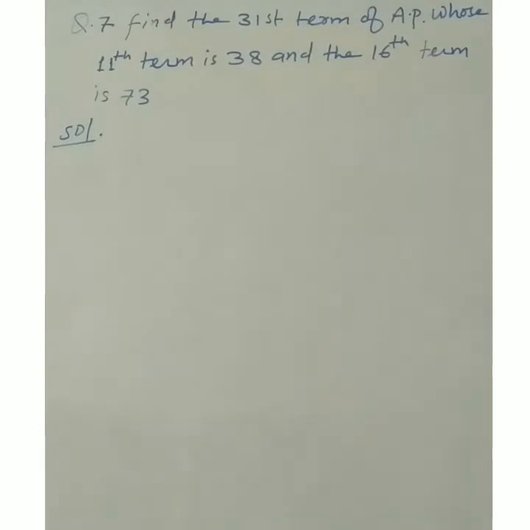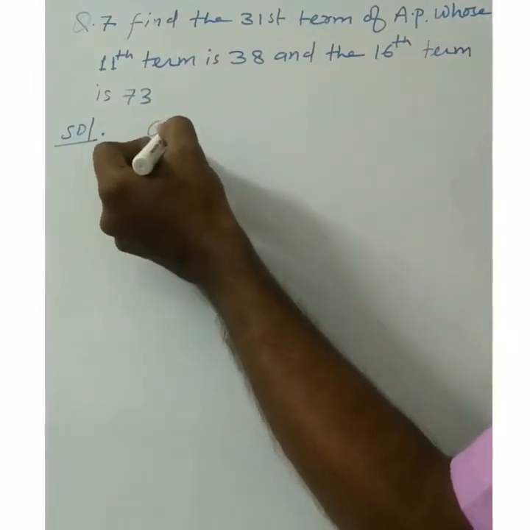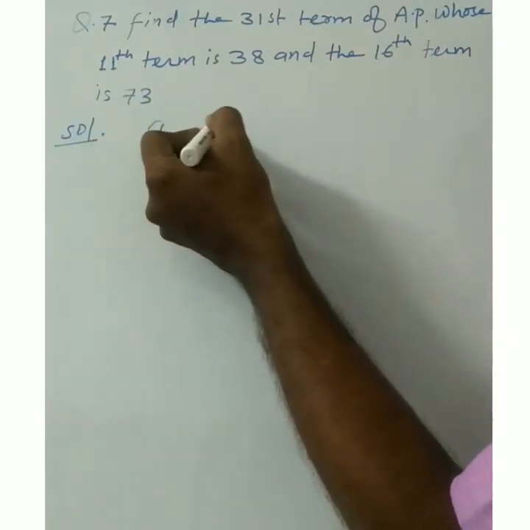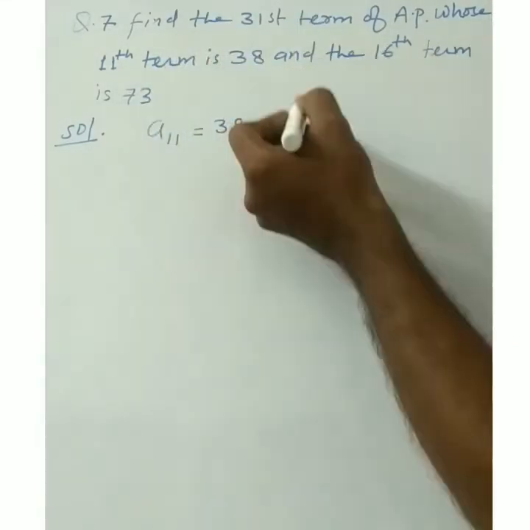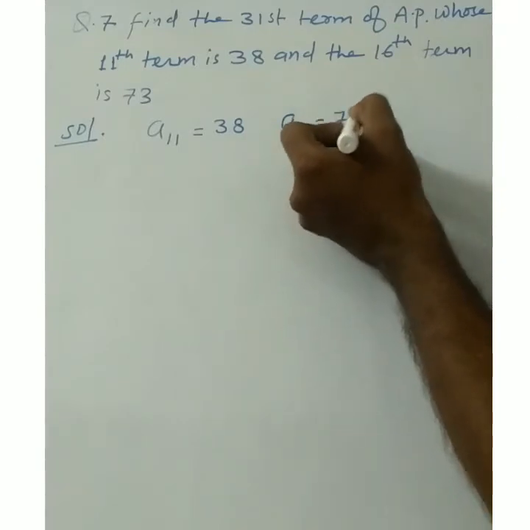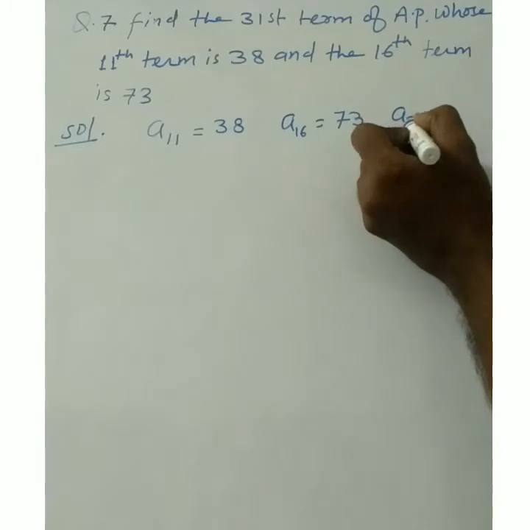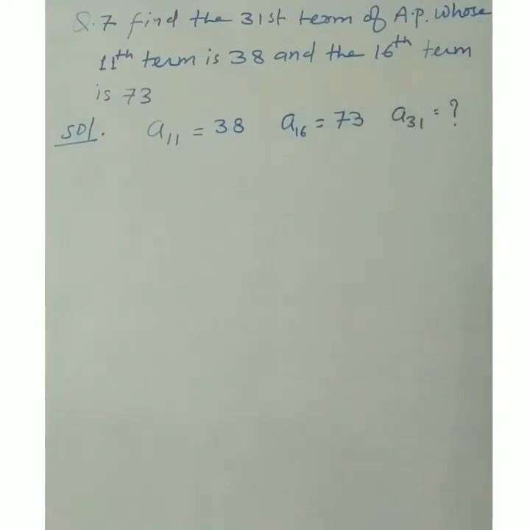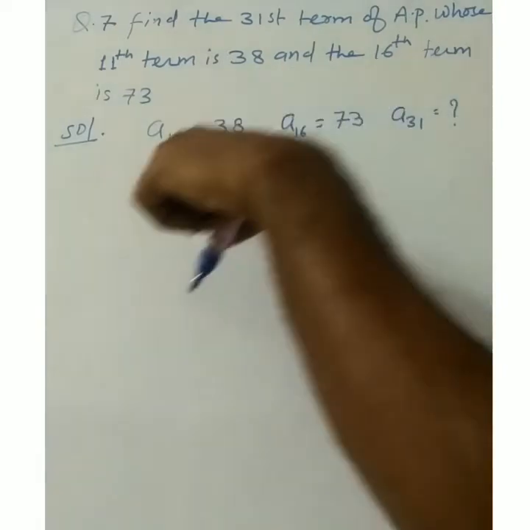Here in this problem, it is given that 11th term is 38. 11th term means A11, which is 38. 16th term is 73. 16th term means A16. It is 73. We have to find out 31st term, A31. These two things are given and this we have to find out.